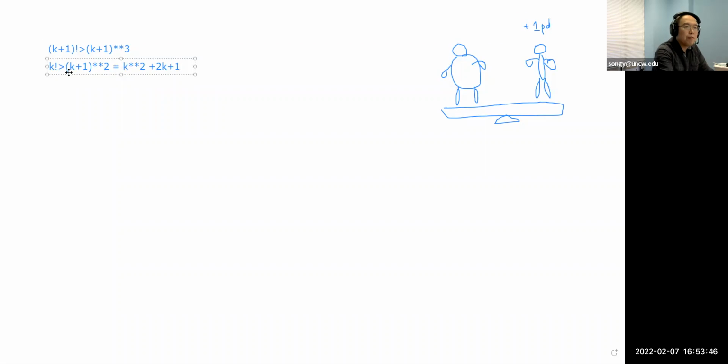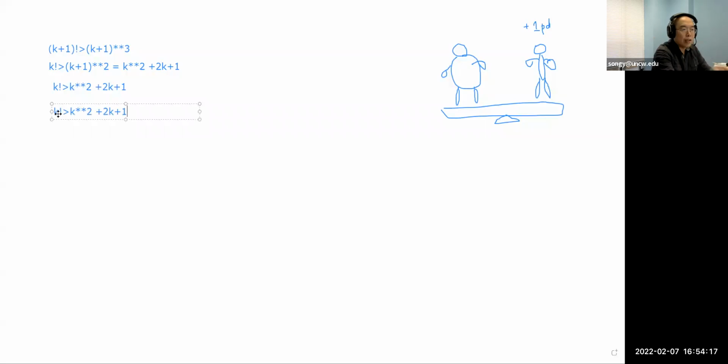So this is equivalent to proving k! is greater than k^2 + 2k + 1. Now we want to add 1 pound to Bob. We want to make the right part larger, but still prove that k! is greater than that. So how do we do that? We want to copy this.